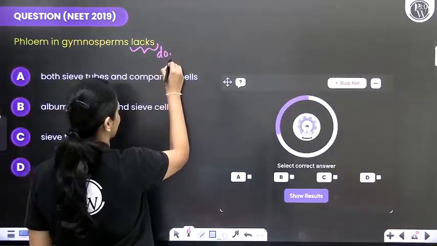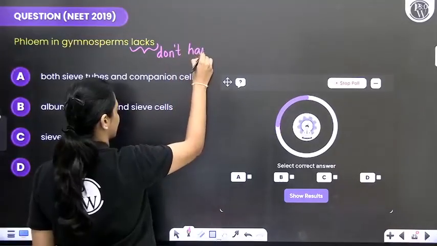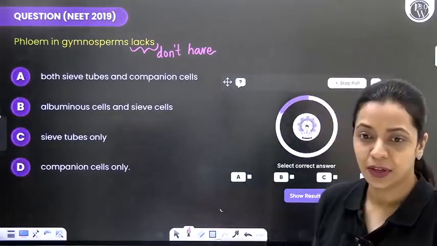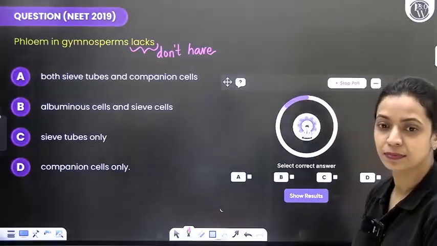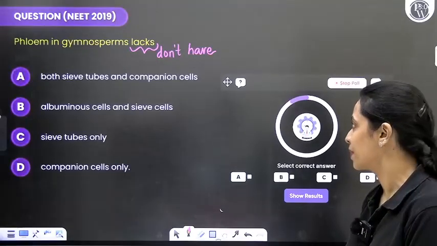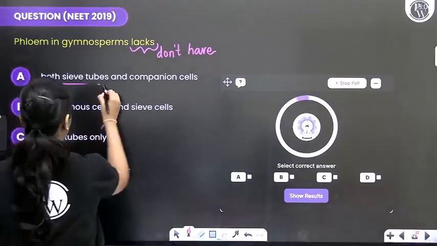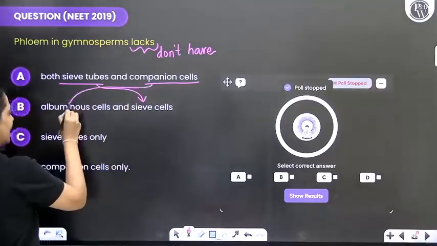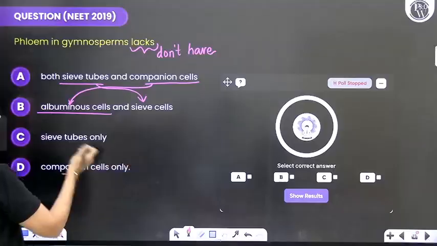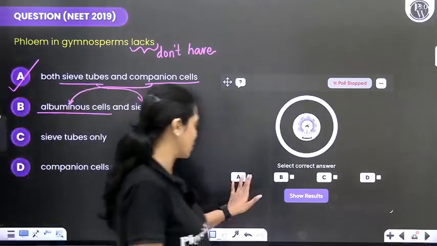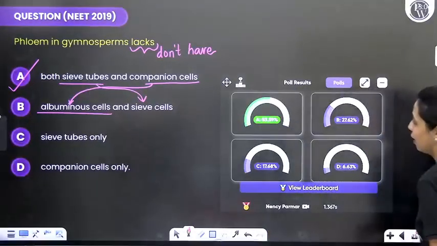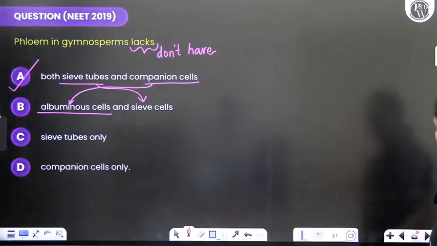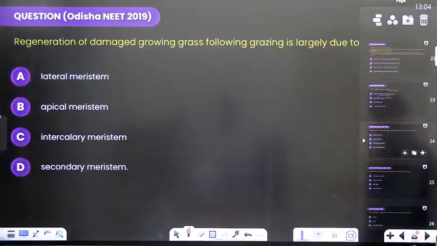Gymnosperms don't have sieve tube elements and companion cells. Instead of sieve tubes, they have sieve cells. Instead of companion cells, they have albuminous cells. So what they lack is sieve tubes and companion cells. Option A is the correct answer. 54% of you have answered correctly. Nancy, Tawfiq and Sachin, top 3. Next question.